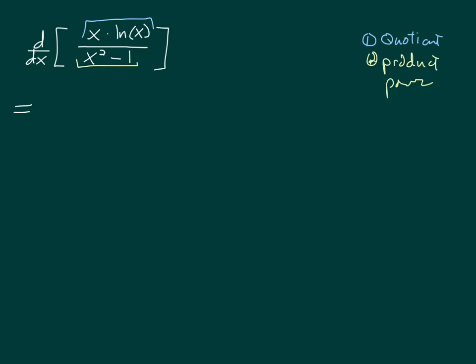Right, so according to the quotient rule, this should equal our lower function first, so we get x squared minus 1, times the derivative of the numerator function. So we're going to get x times the natural log of x. And we have to take the derivative of this as 1 unit.